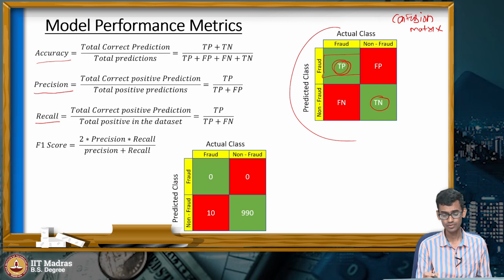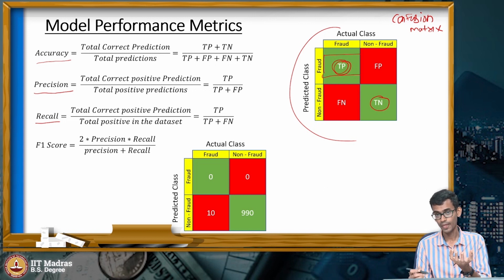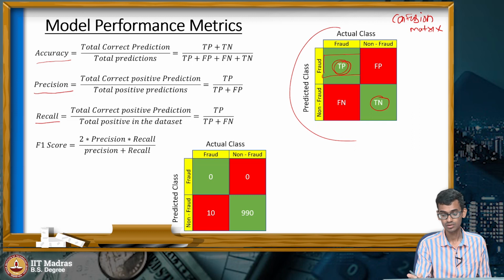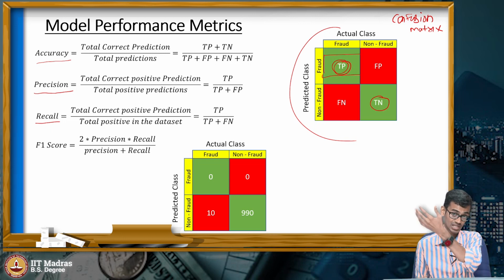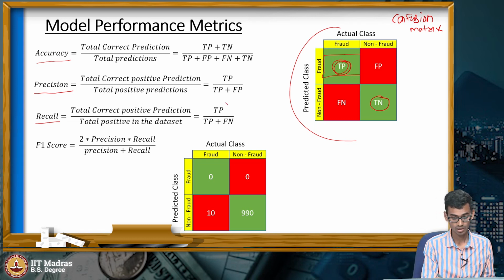So this is defined as a ratio of true positives, which is the total correct positive predictions, same as the numerator of precision, but the denominator, instead of total positive predictions, is total positives in the data set, which is nothing but the true positives and false negatives. False negatives are ones where the model was saying that it is not fraud, but actually they were fraud. So the sum of these two cells gives us the total positives in the data set, and that is what is called recall.